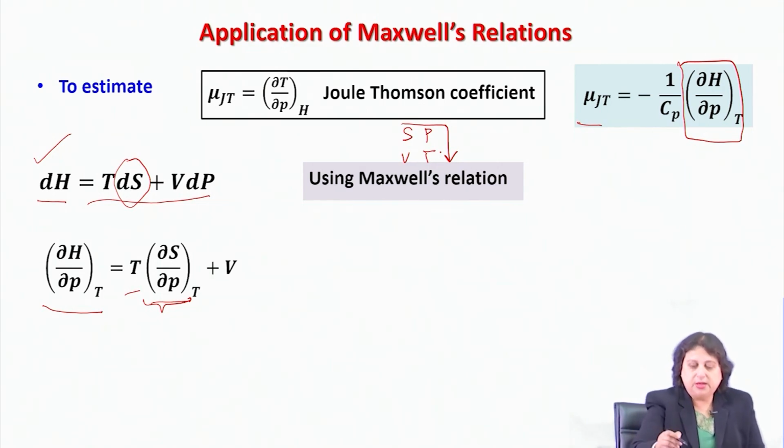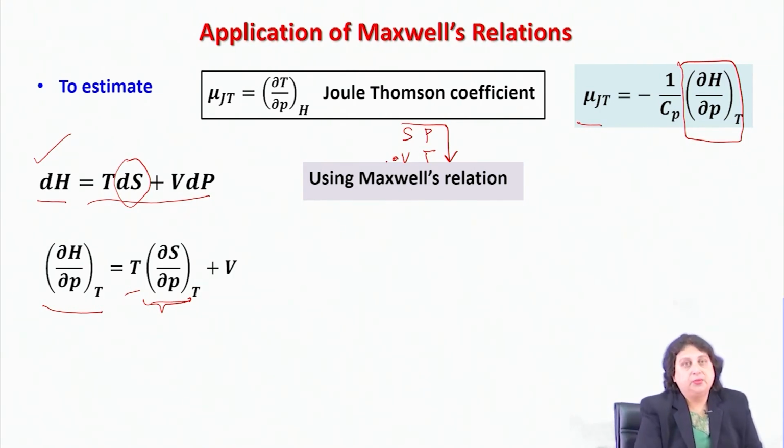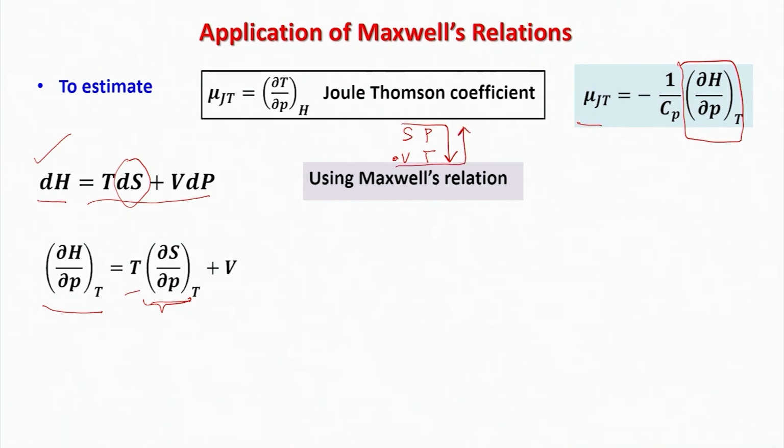What is the symbol that I did not cover while going from S to here, in (del S/del P)_T? This is the symbol that I did not cover while evaluating (del S/del P)_T. Therefore, this must be equal to (del V/del T)_P.